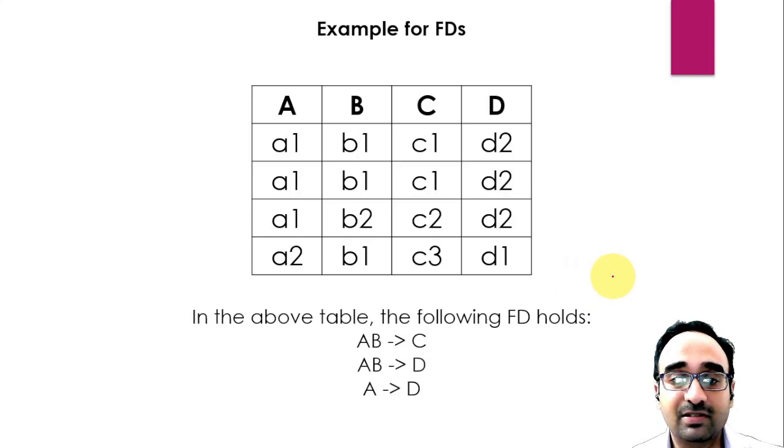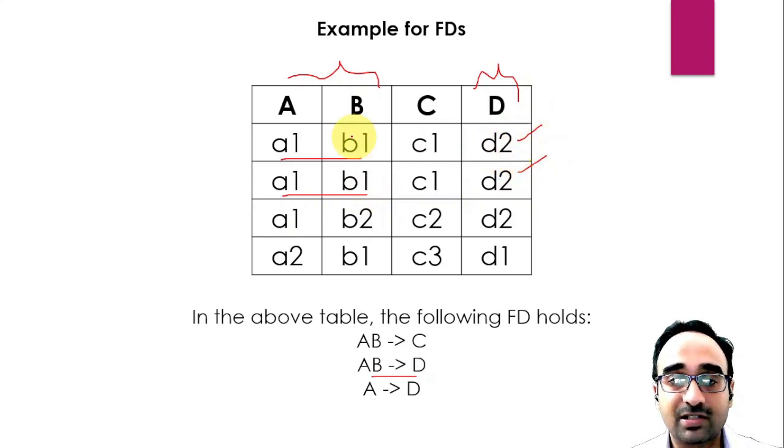Okay, so there are 2 more FDs: AB to D and A to D. First let's see this one, AB to D. That means from this to this. Here you have 2 sets of values which are the same, and here also you have D2 to D2 the same.